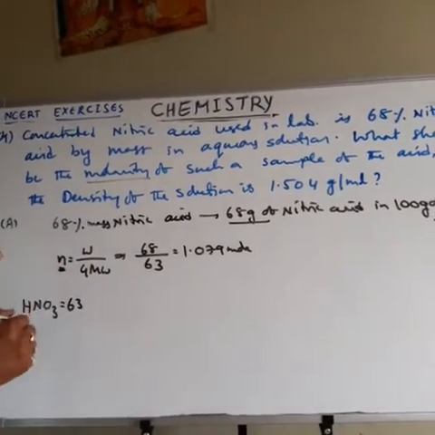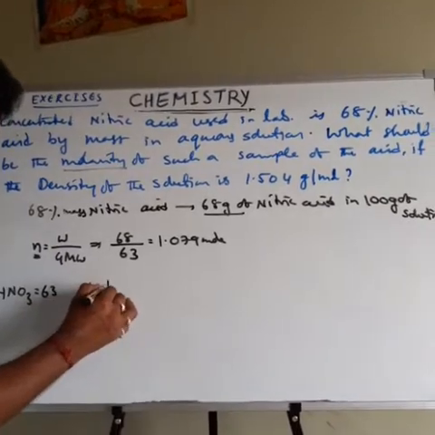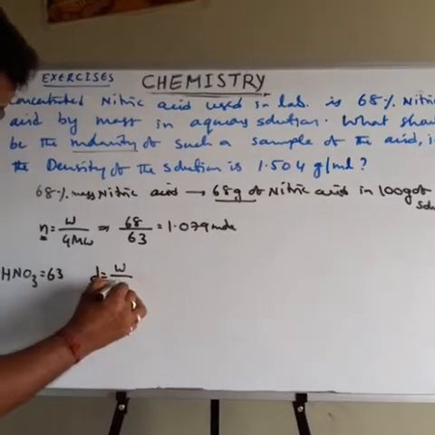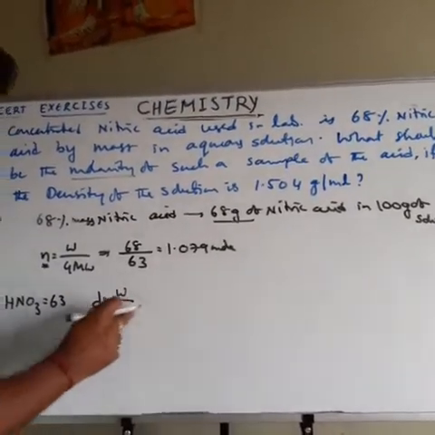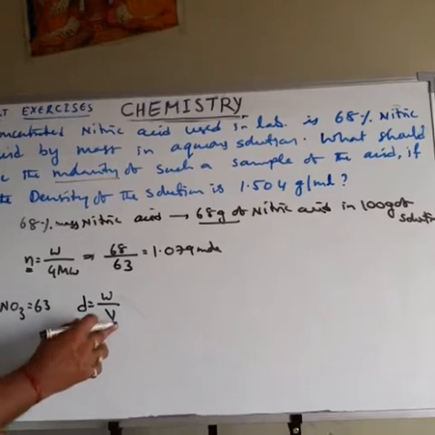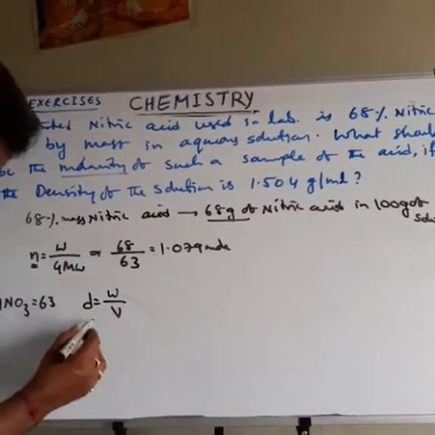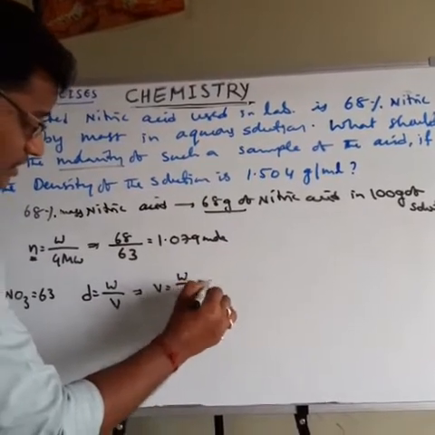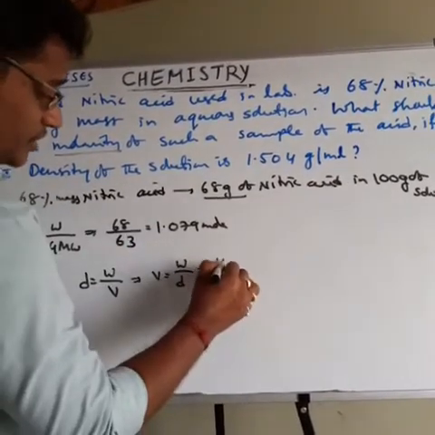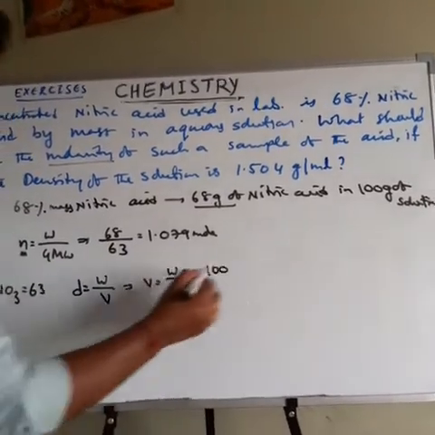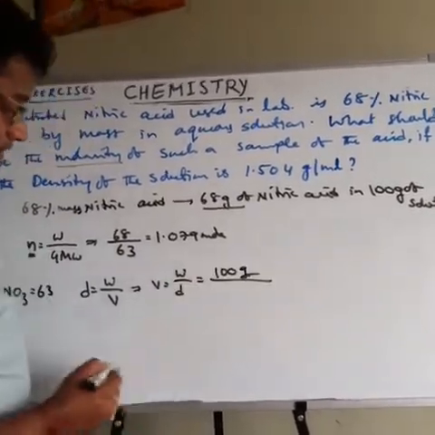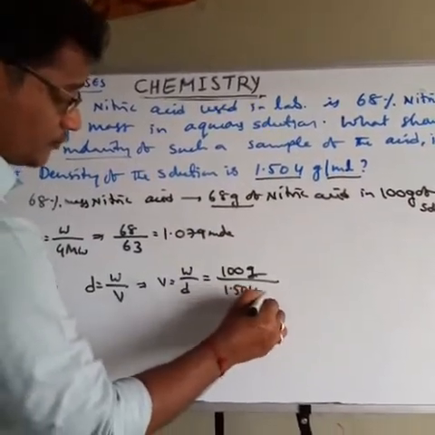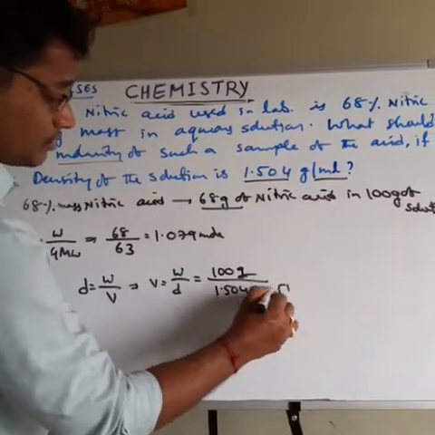Next, the volume of solution. Density is equal to weight by volume. We know the weight of this solution is 100 gram, and the volume of solution we don't know. So from this formula, volume is equal to weight by density. Weight of solution is 100 gram divided by density, 1.504 gram per ml.